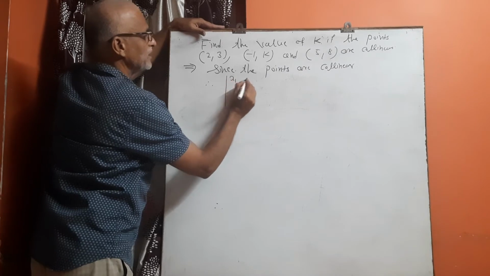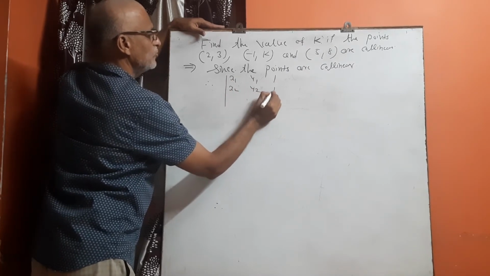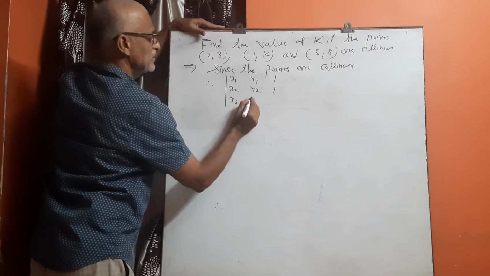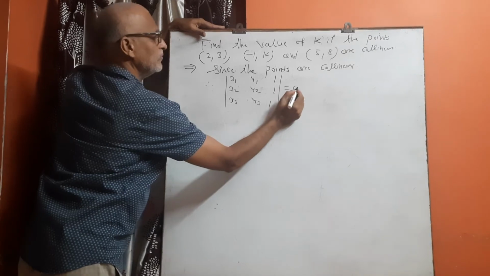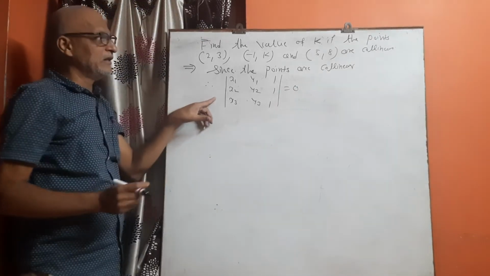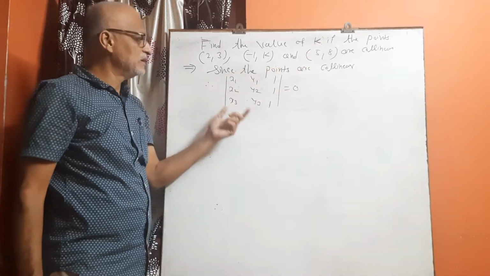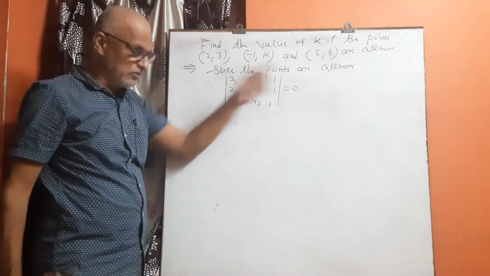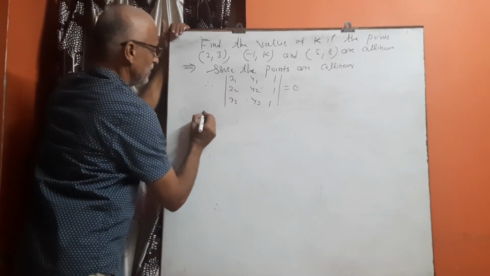The determinant of x1 y1 1, x2 y2 1, x3 y3 1 is equal to 0. This is given. You are given that the points are collinear, that means the value of the determinant is equal to 0. Now just substitute the values of x1, y1 there.